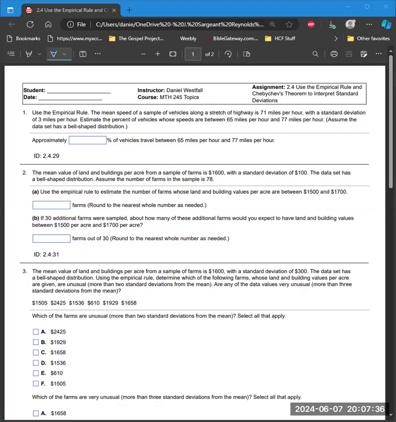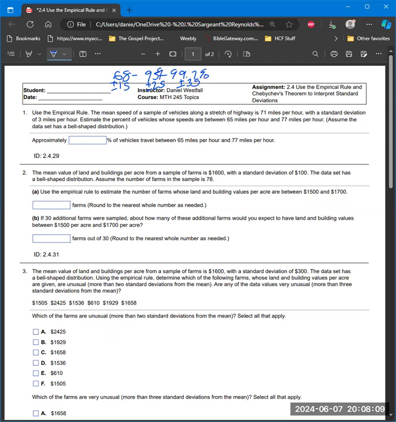In this video, we're going to be using the empirical rule and Chebychev's theorem to interpret standard deviations. The empirical rule is also called the 68, 95, 99.7 rule, where these are the percentages that are within plus or minus 1 standard deviation, plus or minus 2 standard deviations, plus or minus 3 standard deviations.